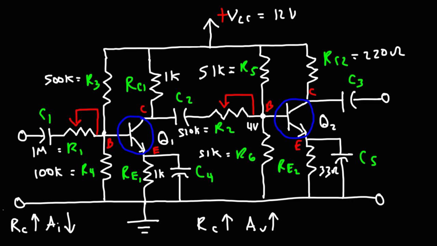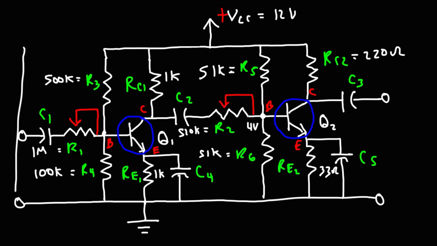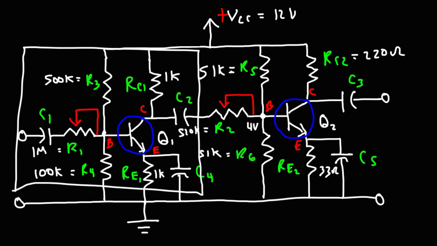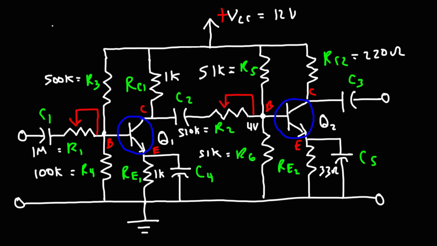Well, you could change the type of amplifier that you're dealing with. What we have here, particularly in the first and the second stage, is known as a Class A amplifier. A Class A amplifier has a maximum efficiency of 25%. Typically, it's going to be lower than 25%, but that's the maximum theoretical efficiency.